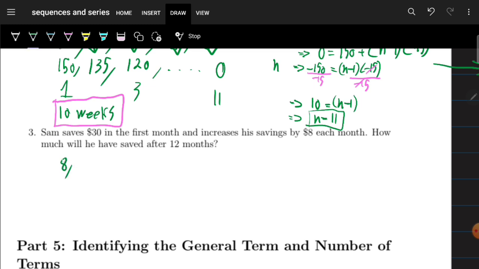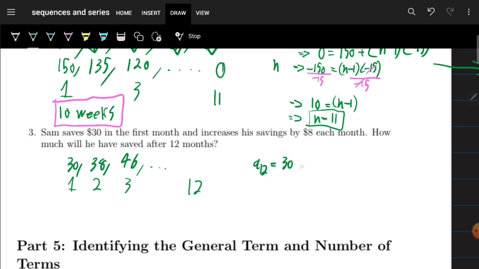First, he's going to have 30, then increase it by 8, so 38, and then 46, and so on. So we want the 12th term here, right? We want to know by the 12th month how much this person is going to have saved up. So we're going to have to calculate a12.